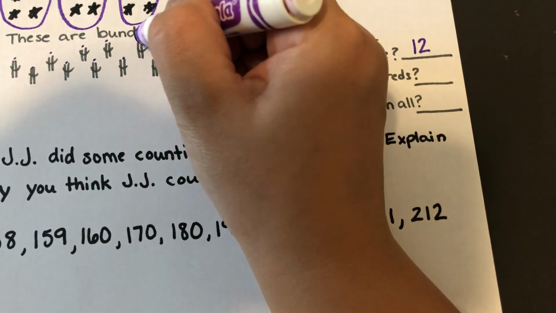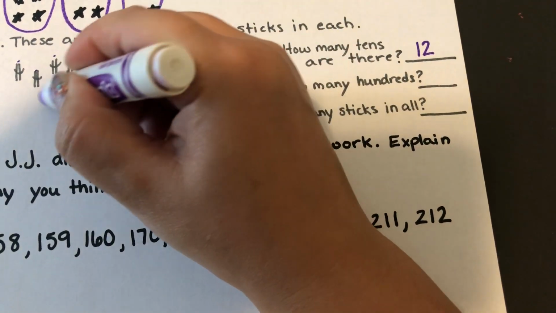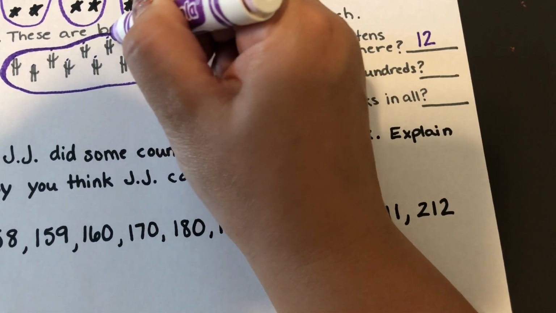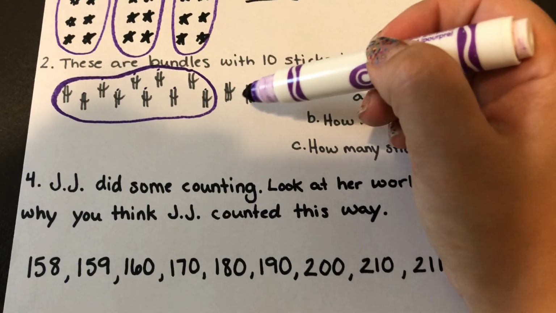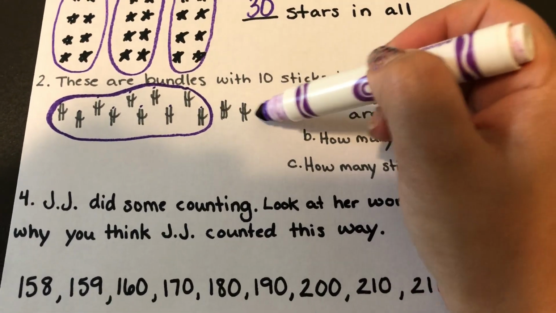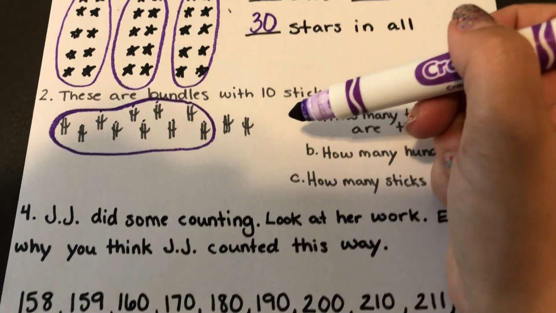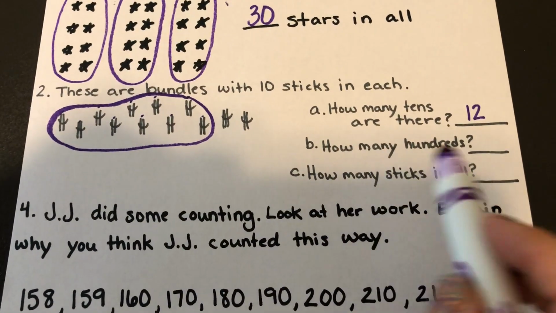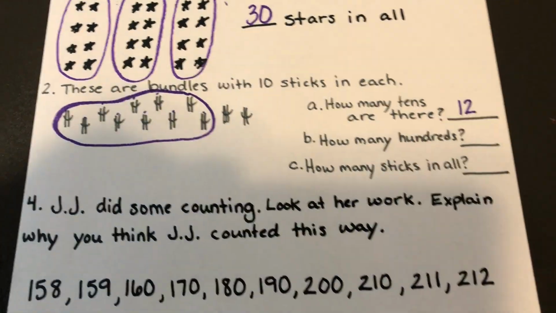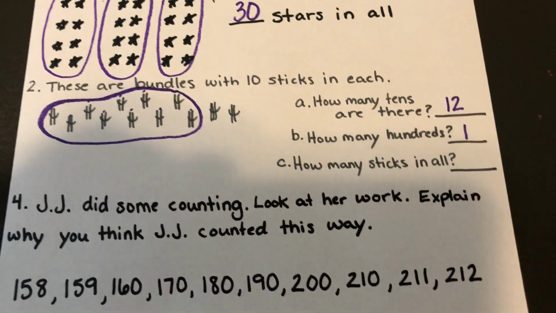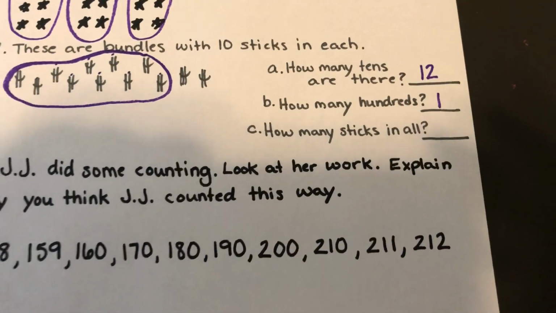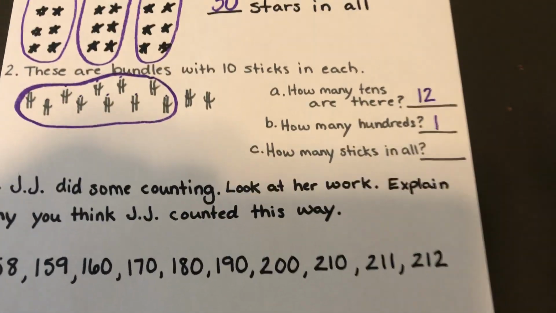All right, so I can make a bundle that has 10 tens in it. And it leaves me with 2 more tens left. That's not enough to make another 100. So how many hundreds? There is 1 hundred.